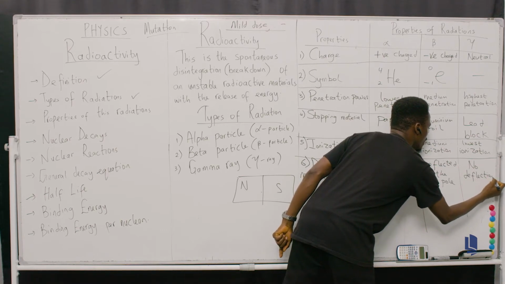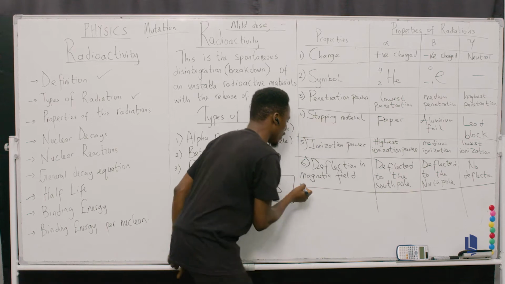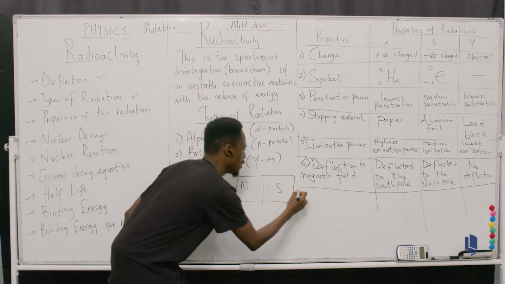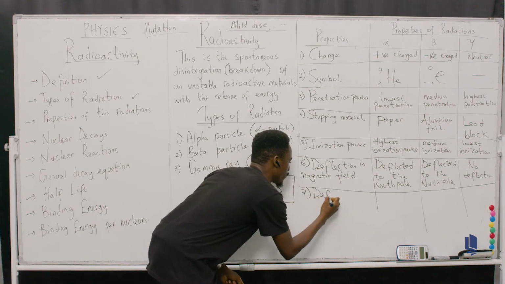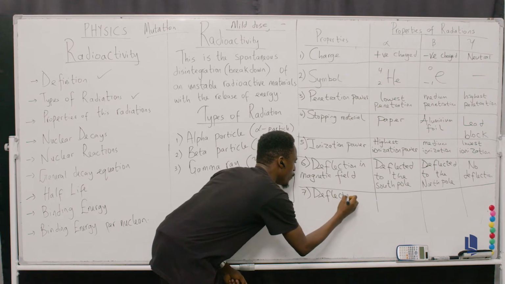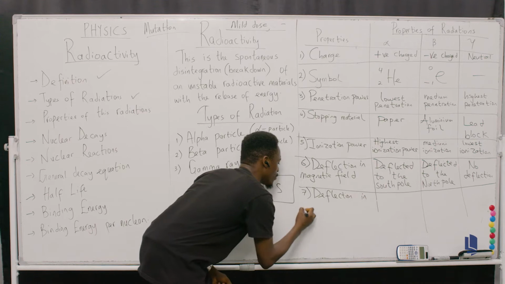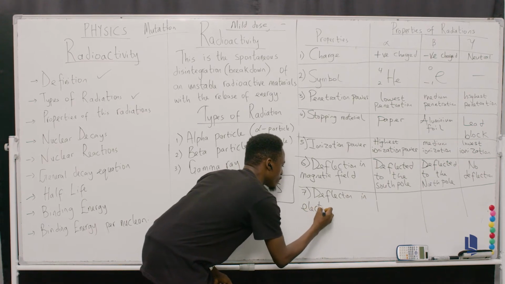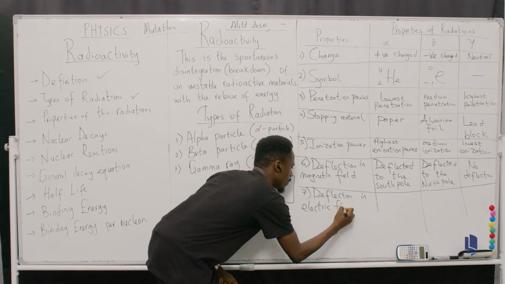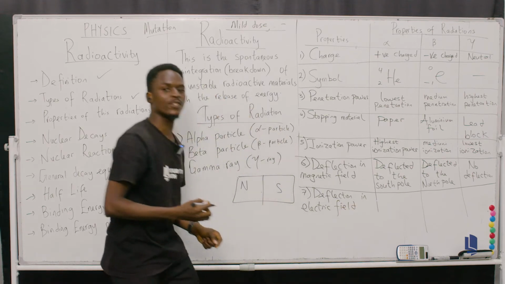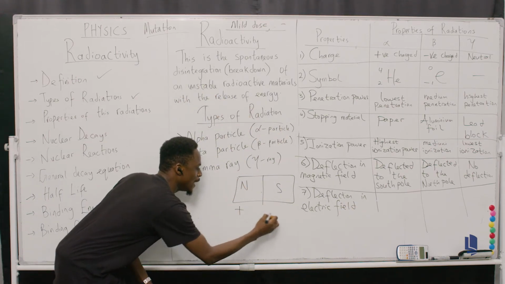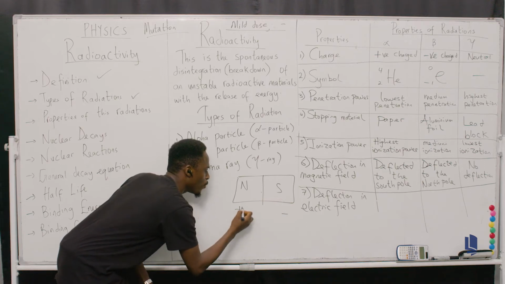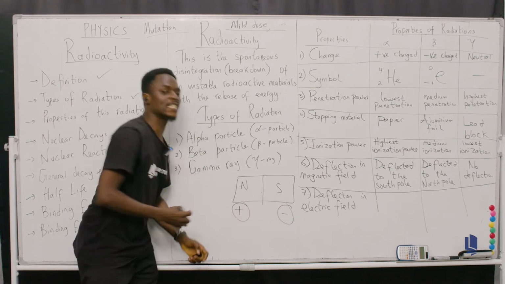You'll see the reason more when we are talking about the number 7th one. Number 7 will be deflection in electric fields. As far as electric field is concerned, we are talking about positive terminal and negative terminal.